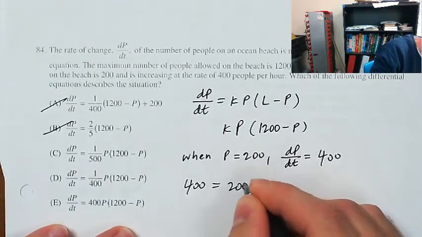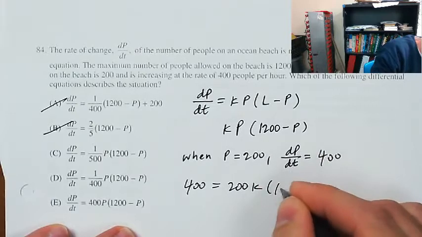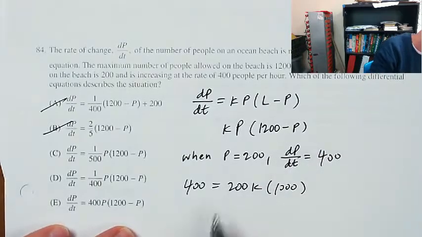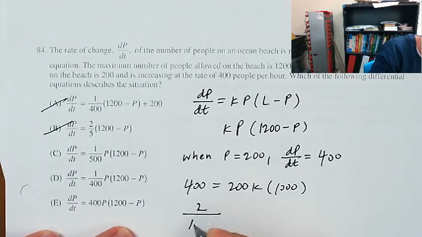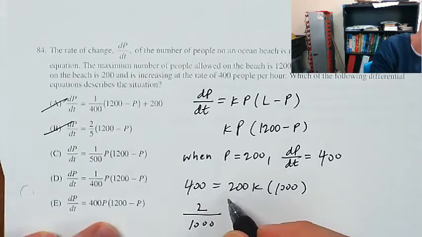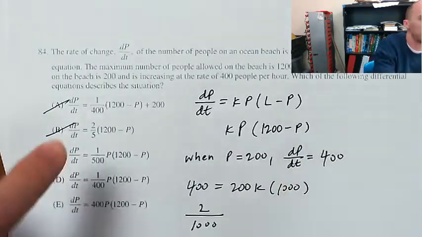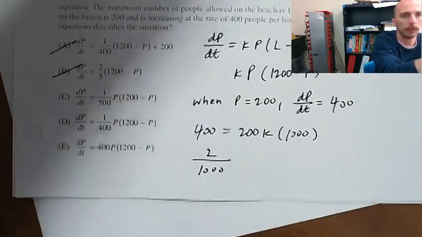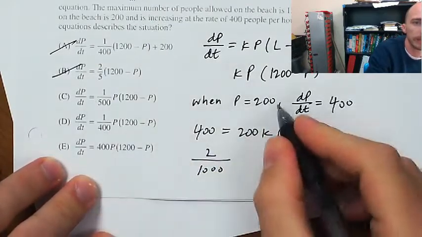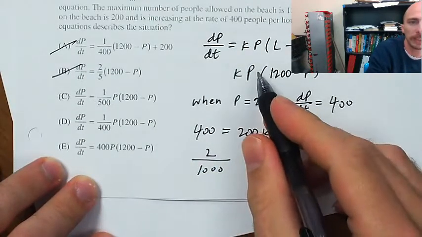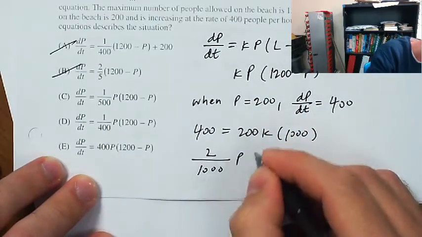I'm going to start by dividing 400 by 200, and I'm going to have 2, and then I'm going to divide by 1,000. And that's going to be 1 over 500. So dP/dt is 1 over 500 times P times 1,200 minus P.